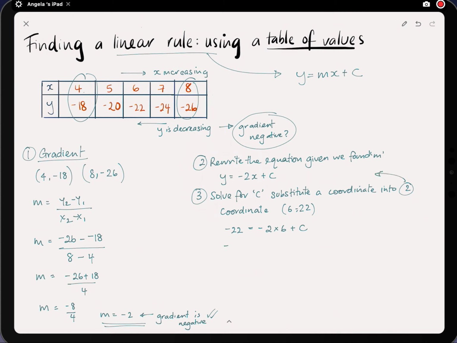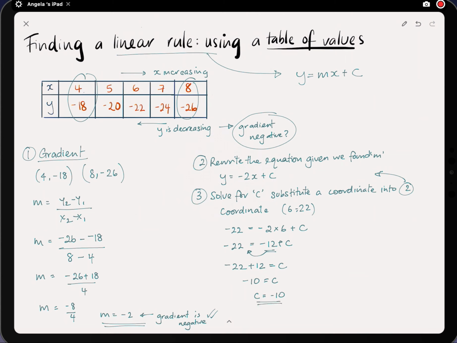So now I've got negative 22 equals negative 12 plus c. Solving for c means that I need to take this negative 12 to the other side. So that becomes negative 22 plus 12 equals c, which will give me negative 10 equals c, and c therefore is equal to negative 10.